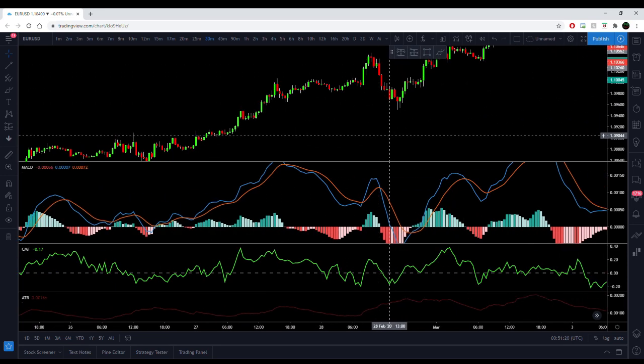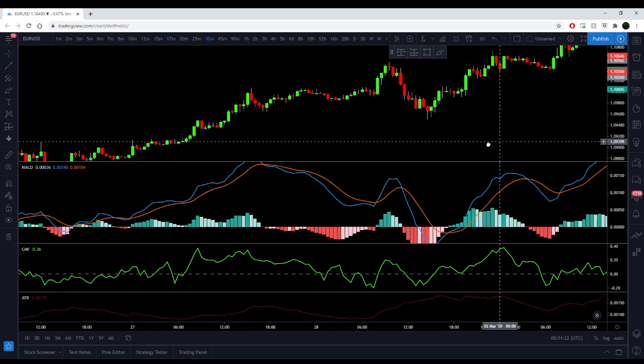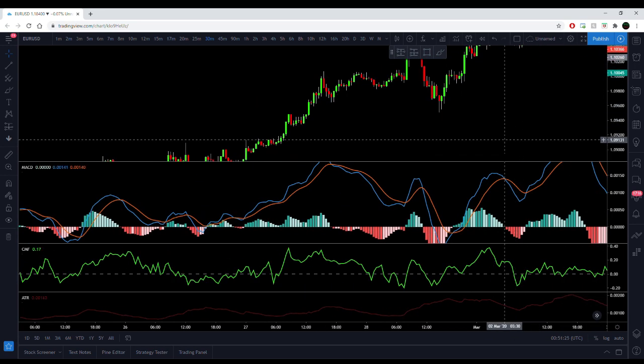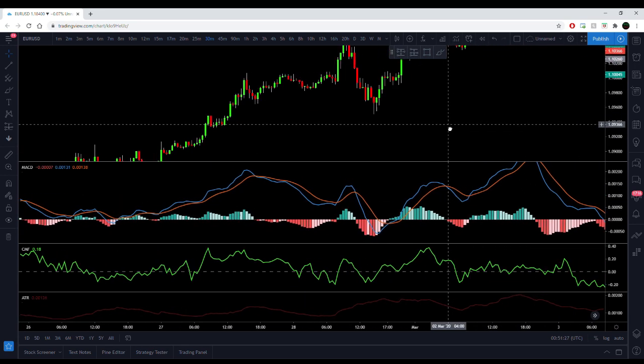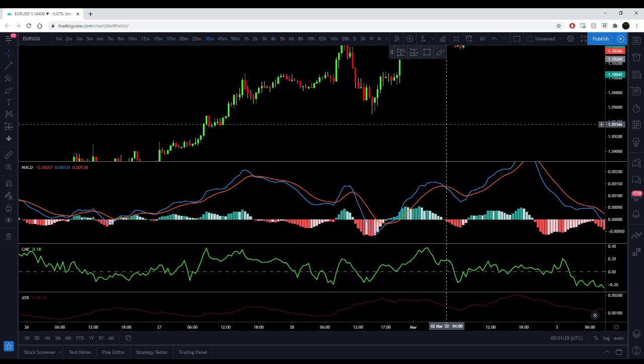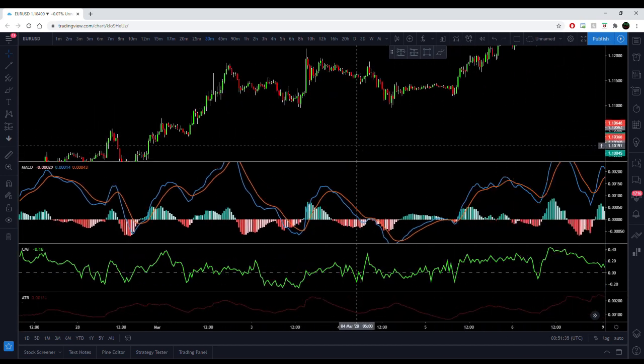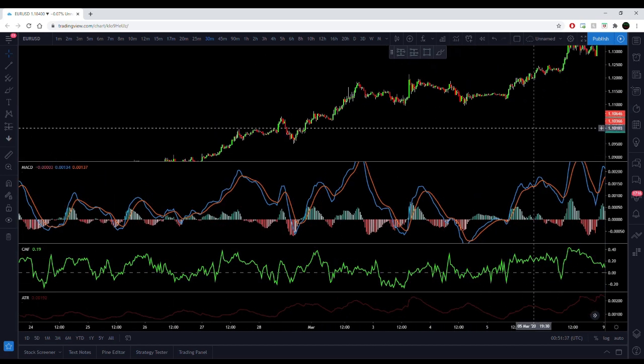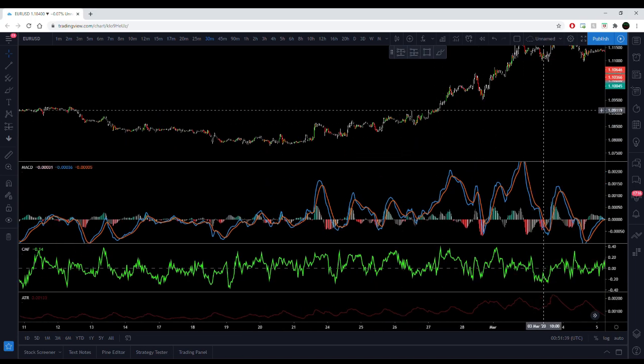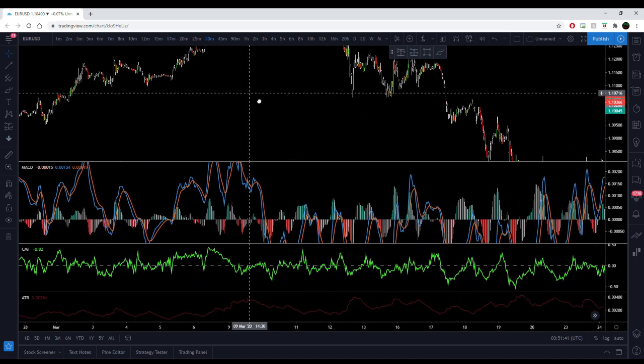So the strategy really follows the trend nicely, and for those times where price is trading in a range, this Chaikin money flow should be able to help out with false signals, so it can kind of filter out some of the bad signals along the way.